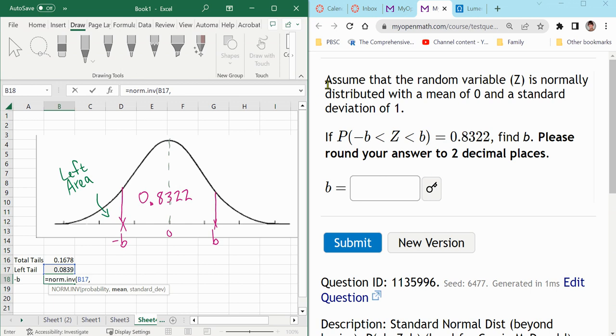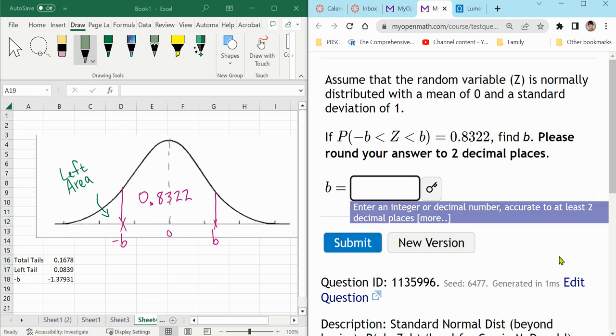For this one, since it is standard normal with z-scores, the mean is 0 and standard deviation is 1. Oh, actually, you don't have to say cumulative for the inverse function, only for the regular distribution function. So this is all we need. And here is our negative b value, which means that our positive b value rounded to 2 decimal places is 1.38.